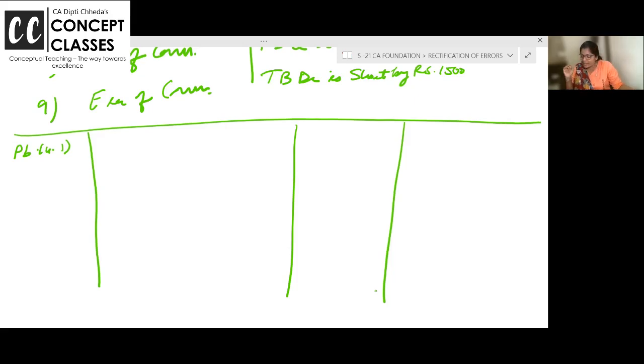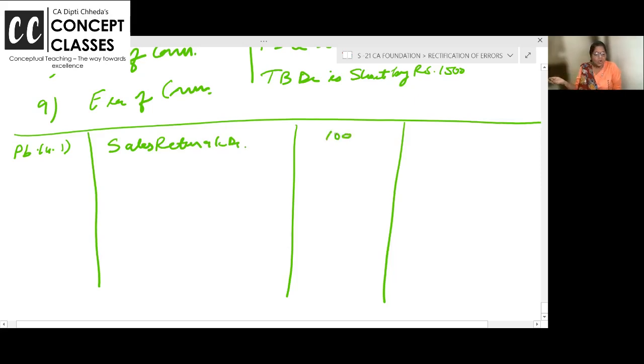So first entry, you also read it. I am also reading it again. Goods of value 100 returned by Sharma were entered in the sales day book and posted therefrom to the credit side. Anyhow, if goods are returned, the sales return account should be debited. That has not been done, so debit 100.